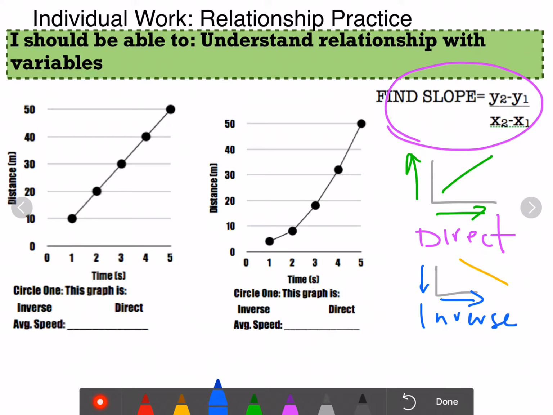So my answer is 10 meters per second. Bam. That is my average speed. Direct. Any questions on that, let me know, and I'll help you through it.